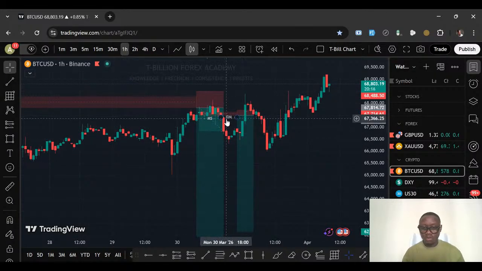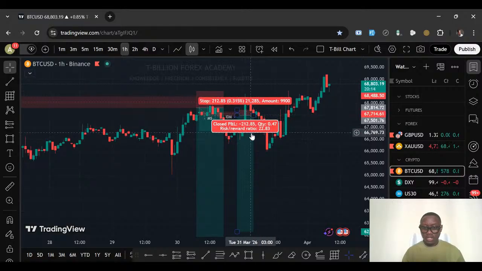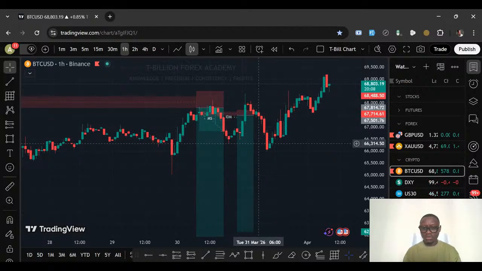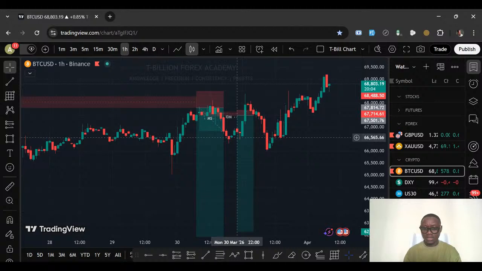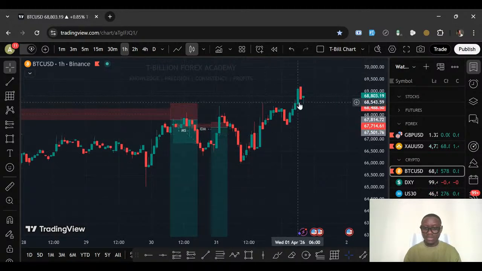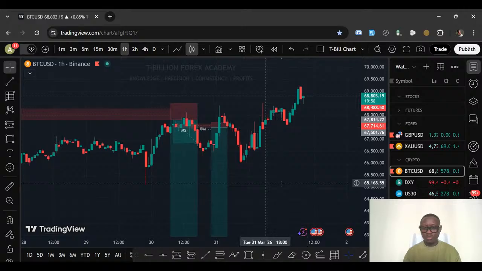So we got all of the confirmation, but we didn't take the trade because at that time there was a fundamental that didn't make me take this trade, because I expected this strong bullish reaction, and after then we've been getting this bullish move.